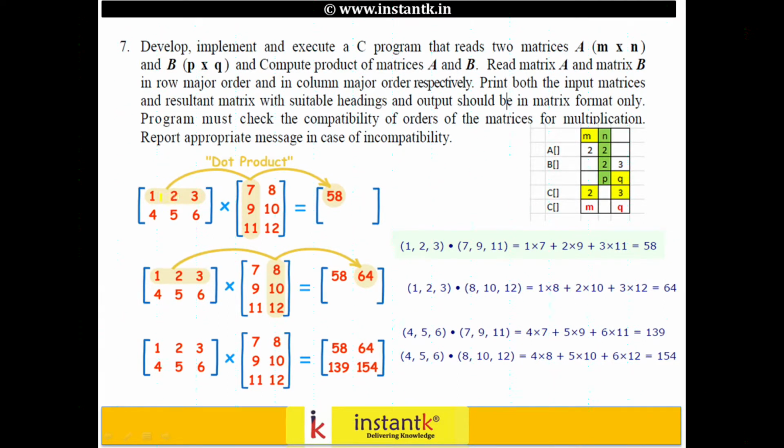The first product is going to be the first row of A multiplied with the first column of B, with elements 7, 9 and 11.